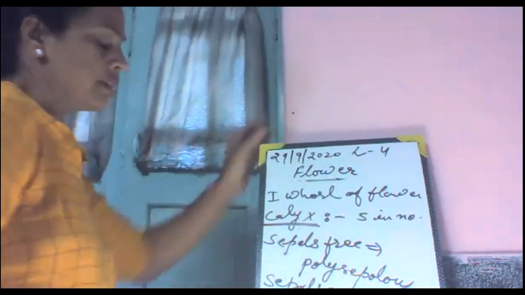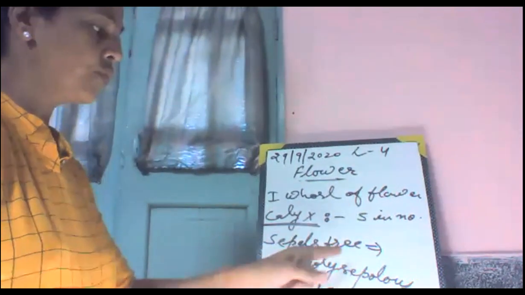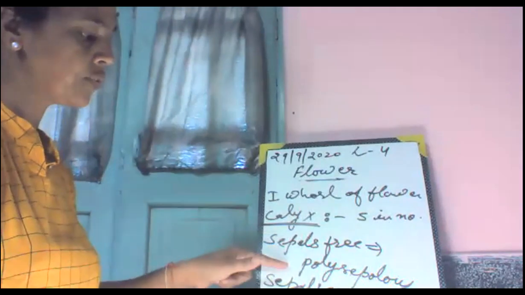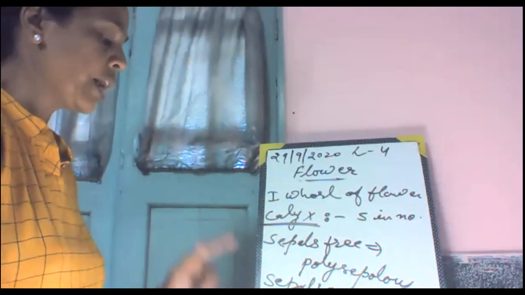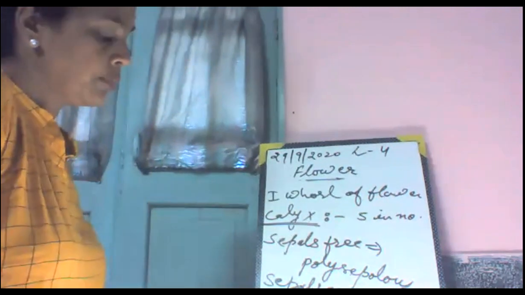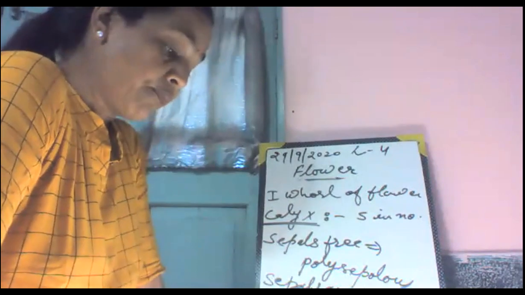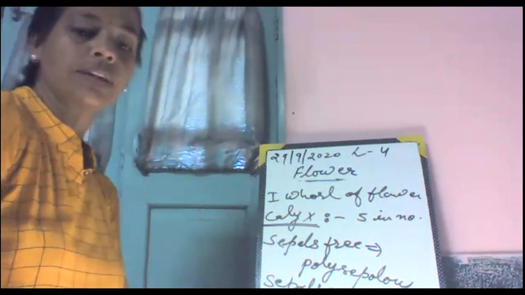If the arrangement of calyx is free, the sepals are known as polysepalous, and if the sepals are fused to each other, that type of arrangement is known as gamosepalous.